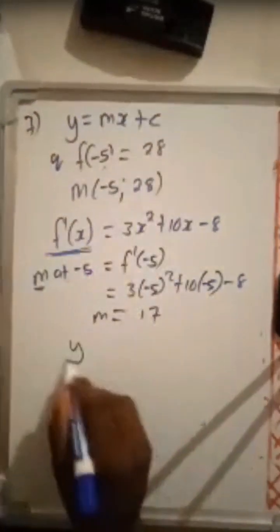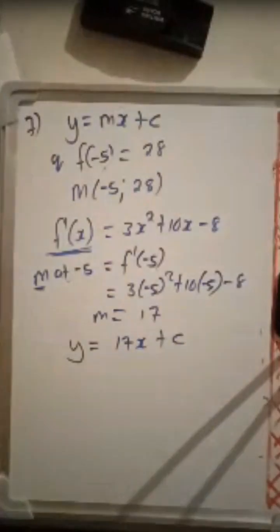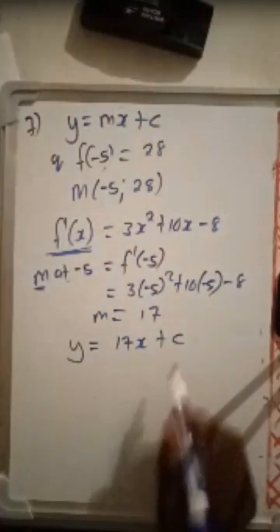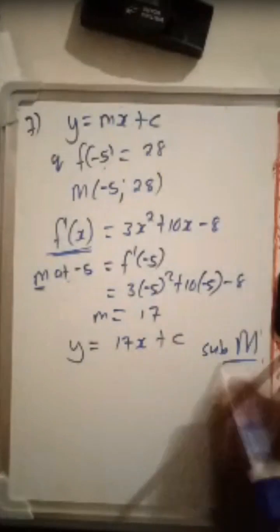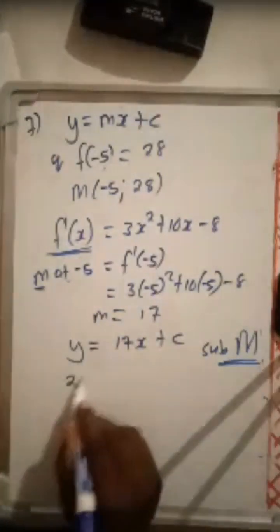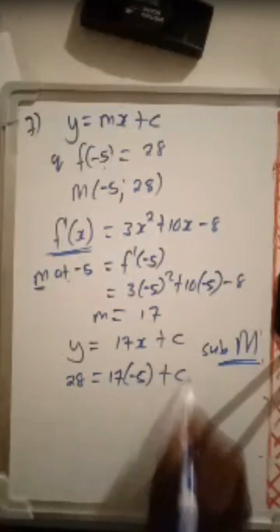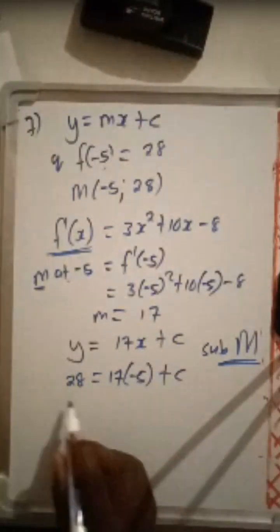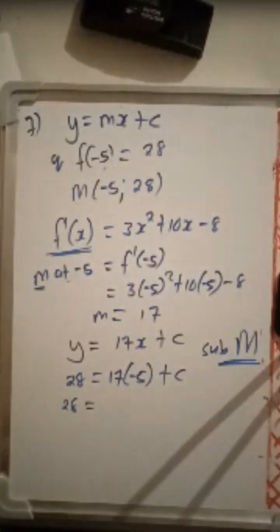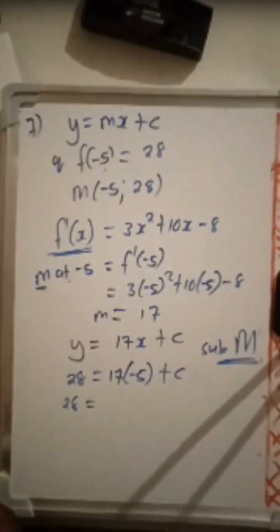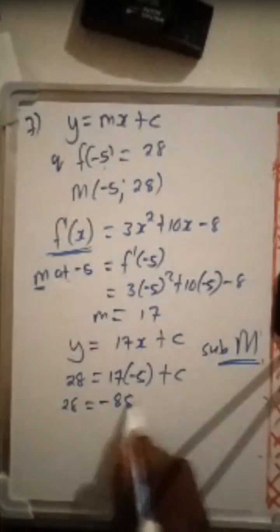You see that now we have y is equals to 17x plus c. In order to find c, substitute the point: 28 is equals to 17 multiplied by negative 5 plus c. Then that is 28 is equals to 17 times negative 5, minus 85 plus c.